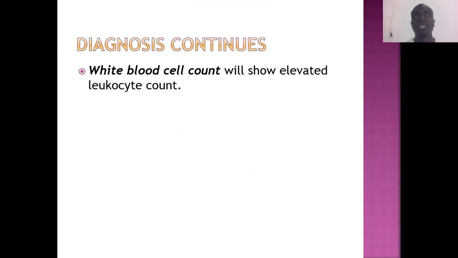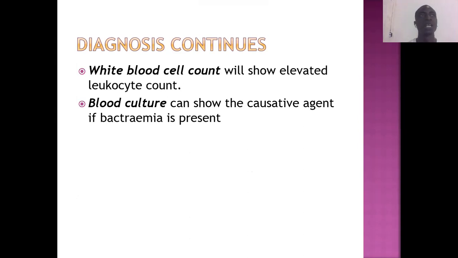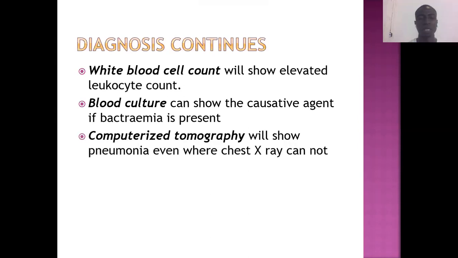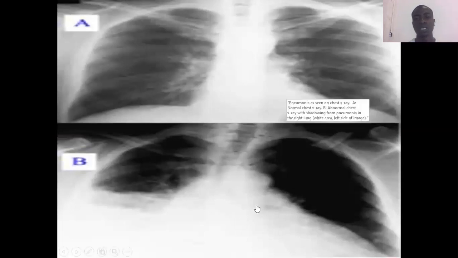After you do a full blood count, you discover that the white blood cells will be elevated. When you do a blood culture, you're going to see the causative organism. If you do a CT scan, you're going to see the affected part. Do a chest X-ray, you're going to see the patches which are affected by the disease. So this is how it presents on the X-ray.